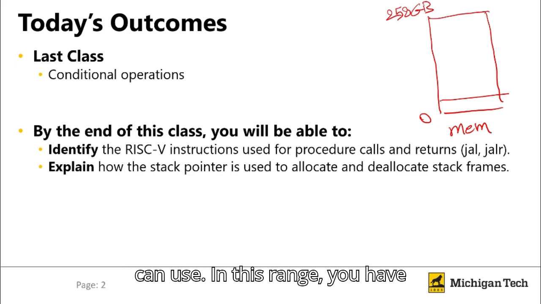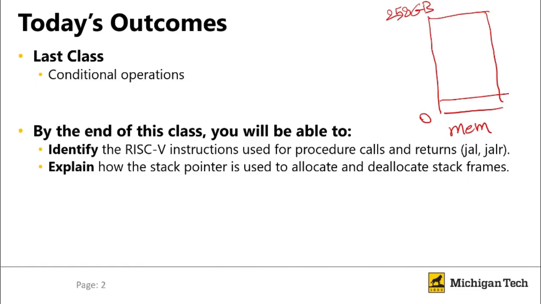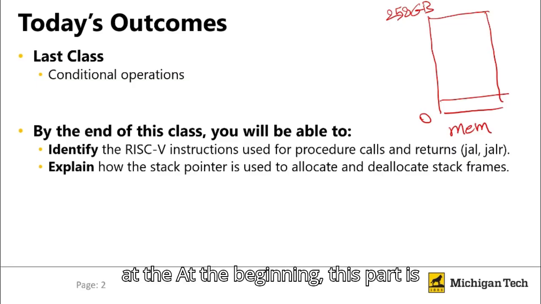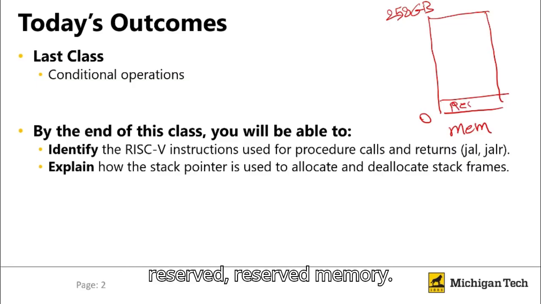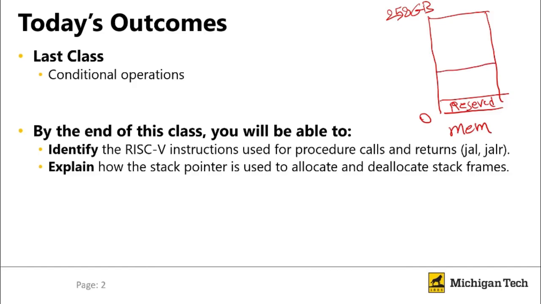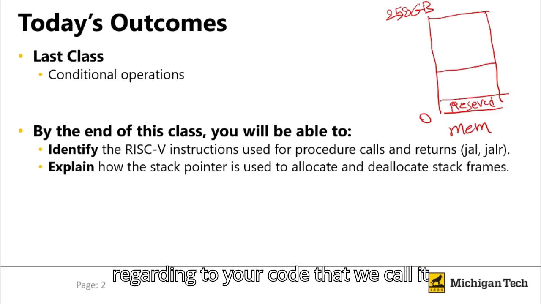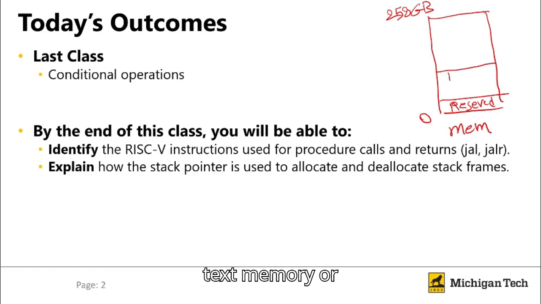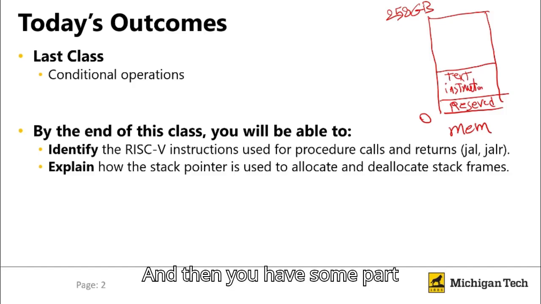In this range, you have some part that you're actually not allowed to use. At the beginning, this part is reserved memory. And then you have some part regarding your code that we call text memory or instruction memory. And then you have some part for static data.